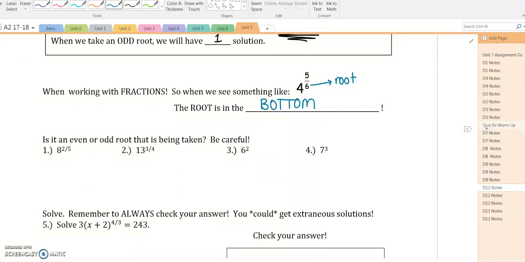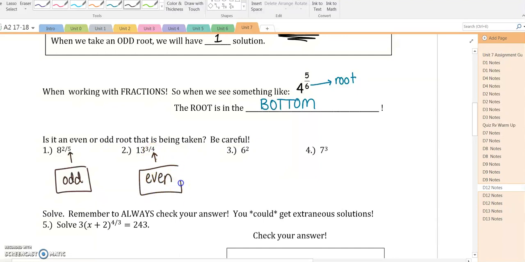So for example, if I look at 1 through 4, is it an even root or an odd root that's being taken? Be careful. I'm going to look always at the bottom of my fraction. So here the bottom number is a 5, and I know 5 is an odd number, so that's an odd root. Here my bottom number is a 4, and 4 is even, so that one would need a plus or minus. Now it's these last two you got to be really careful, because 6 to the second, remember, if it's not a fraction, to turn it into a fraction, you put it over 1.